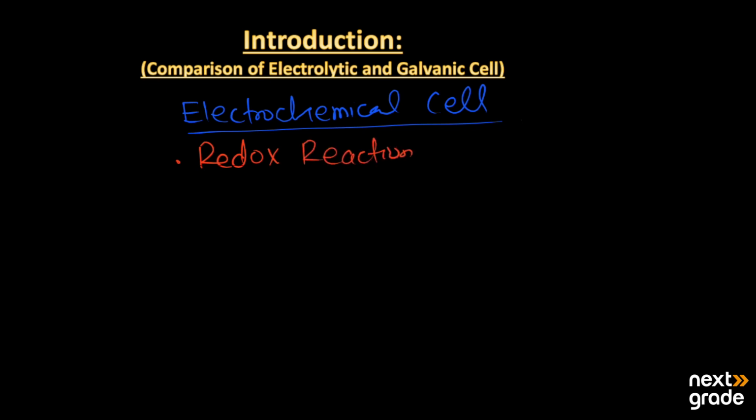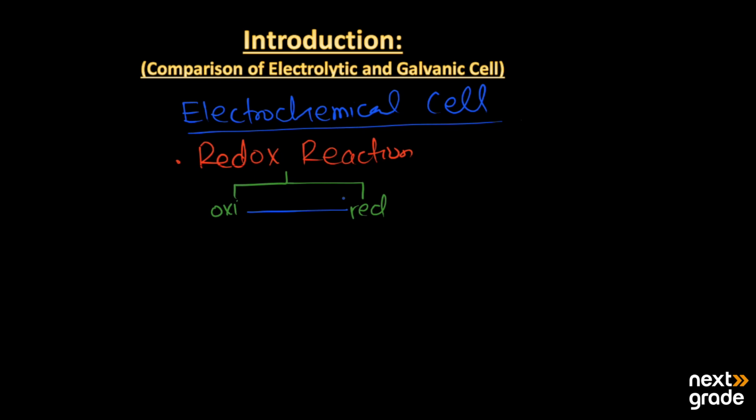That redox reaction is of two forms: one is oxidation and the other is reduction. When both oxidation and reduction are happening in our process, this is called the redox reaction overall.